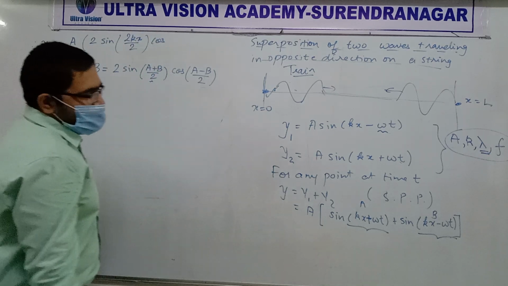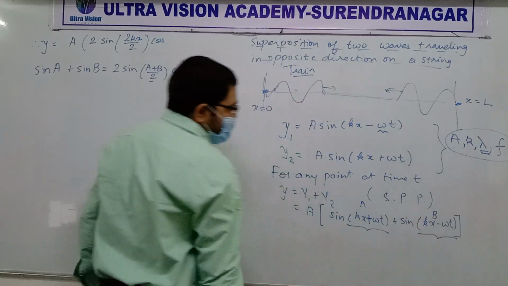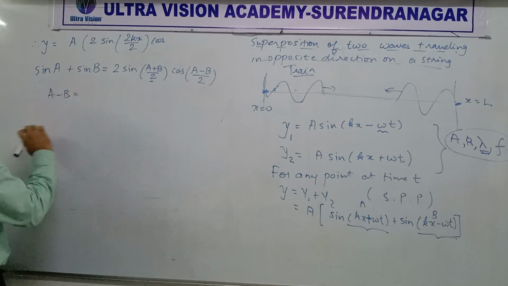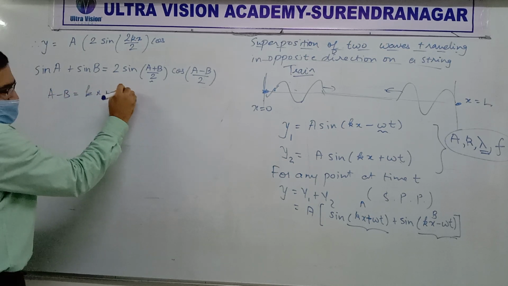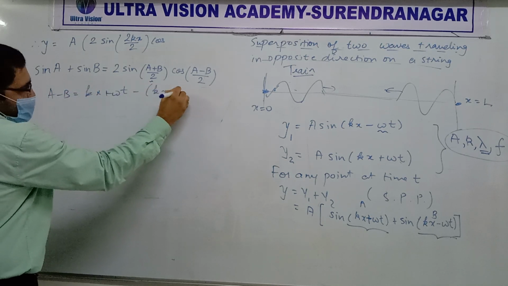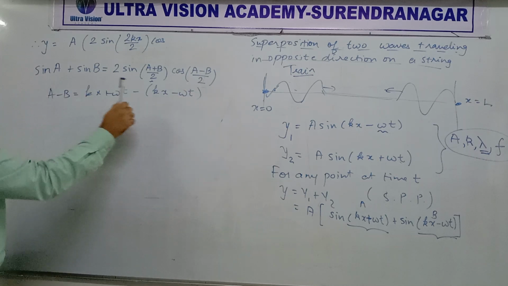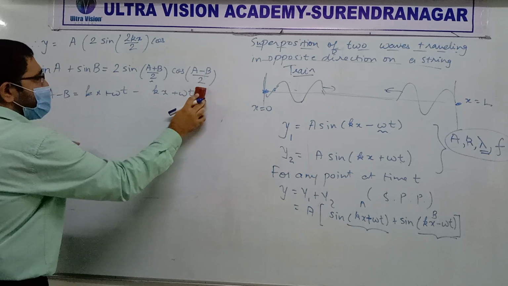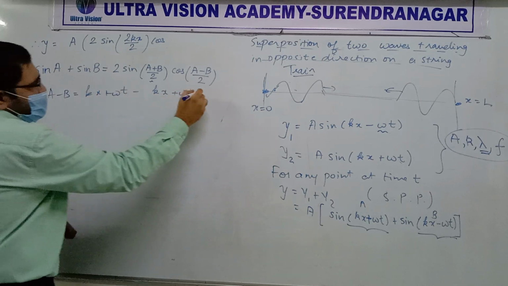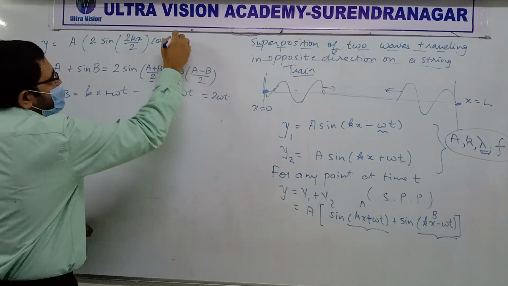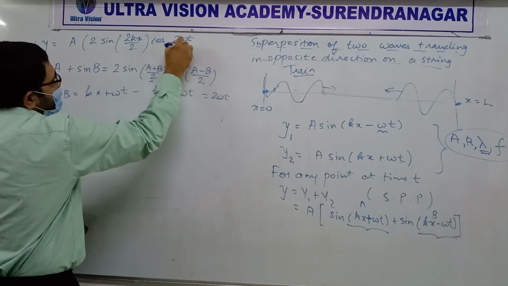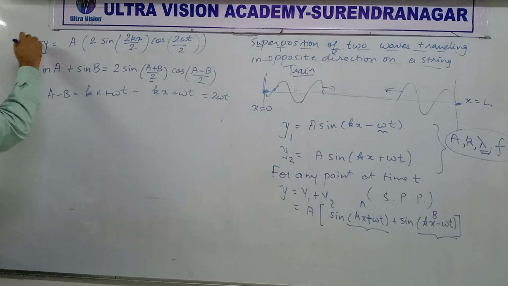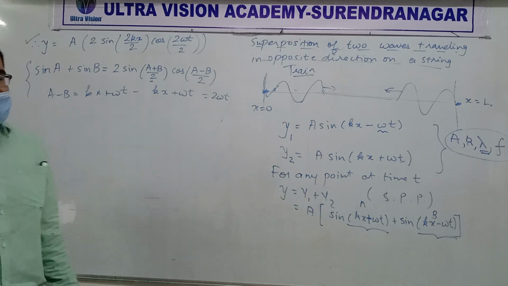Now subtract. A minus B will become kx plus omega t minus kx minus omega t. Open the bracket, so the sign will change. So kx cancels and this becomes 2 omega t. Everyone understood this step?